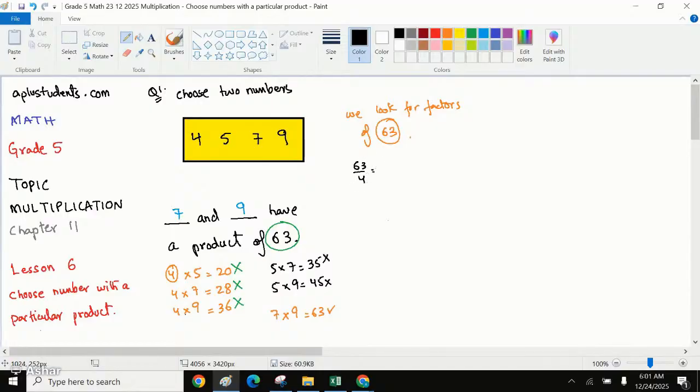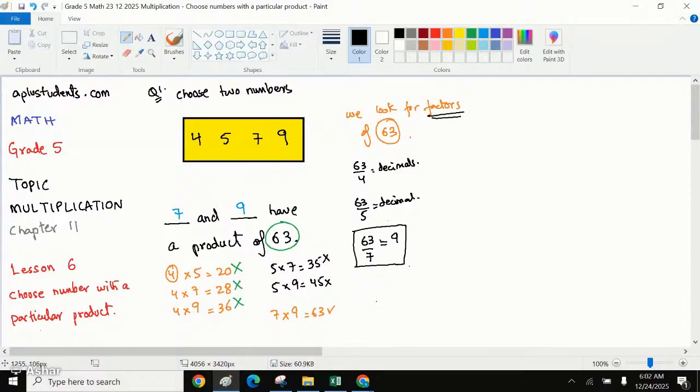We do not get a whole number, we get decimals. Can 63 be divided by 5? We still get a decimal number. But if we divide 63 by 7, we get 9 as the answer, right? So the alternate way to do this is to look for the factors.